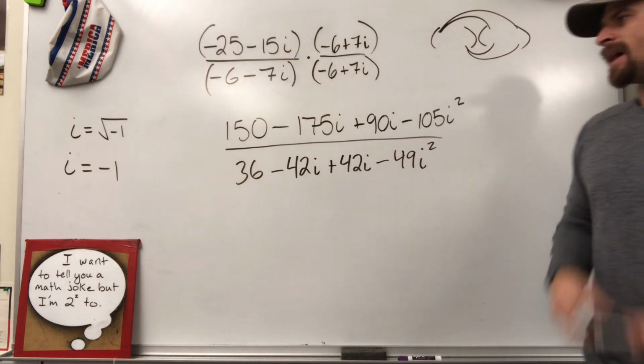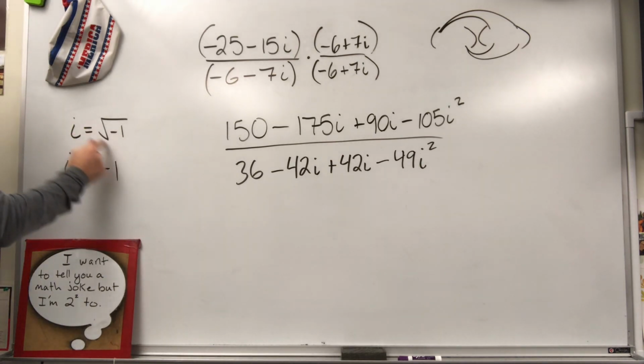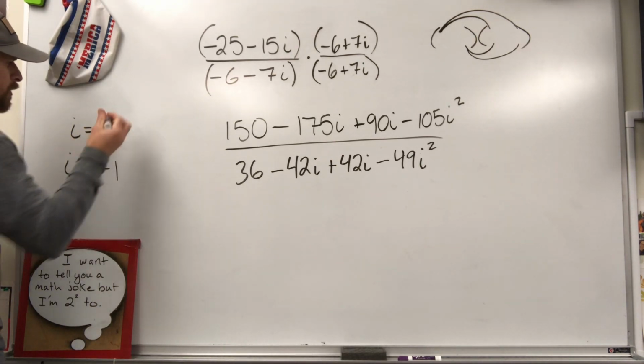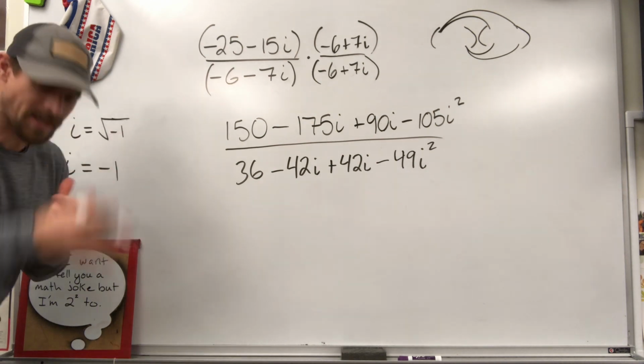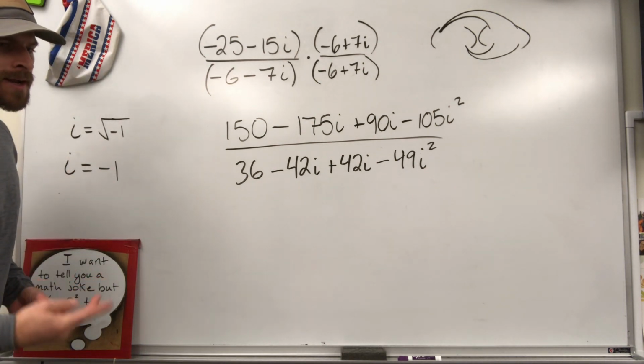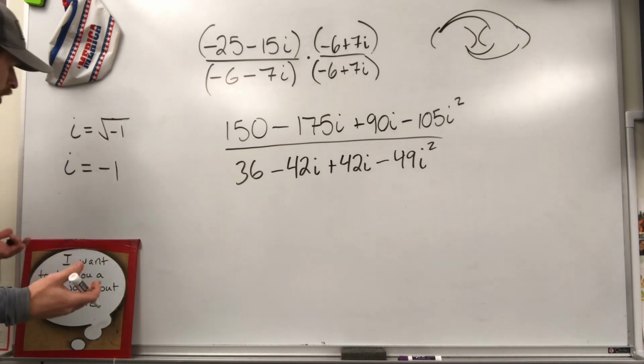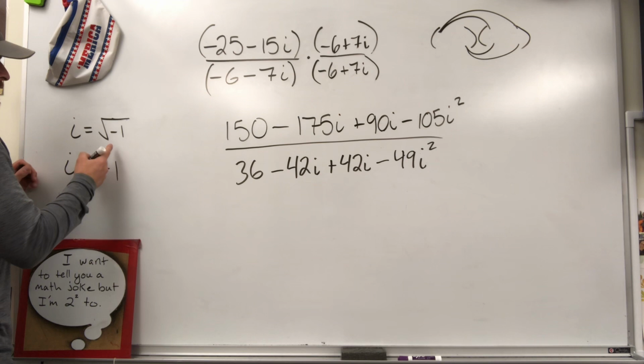Okay. Now, one thing we need to know about i is that it's equal to the square root of negative 1, which we all know is this imaginary value, right? You can't multiply two of the same thing together and get a negative result. So, what we need to understand is this.